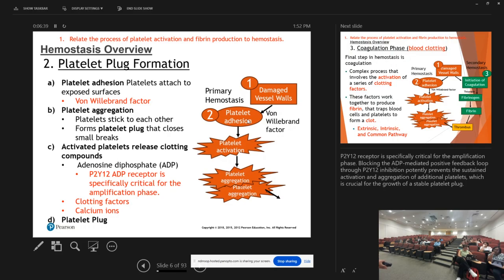If there's no damage, they are not active, right? They need to be told to get activated. And how does that happen? This is the von Willebrand factor, also called VWF, which gets exposed whenever there is this primary activation of the endothelium.